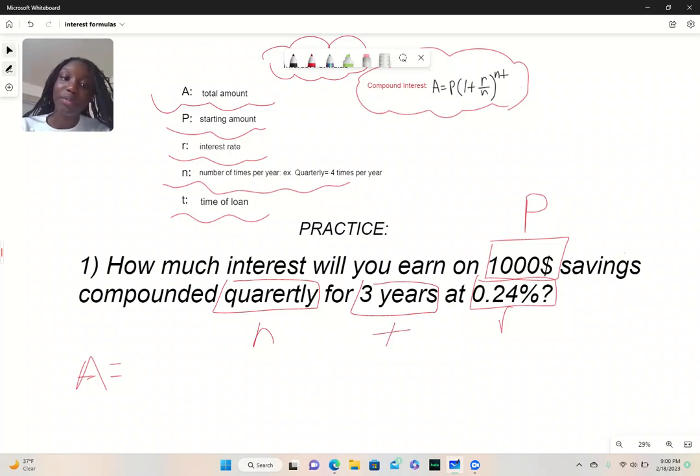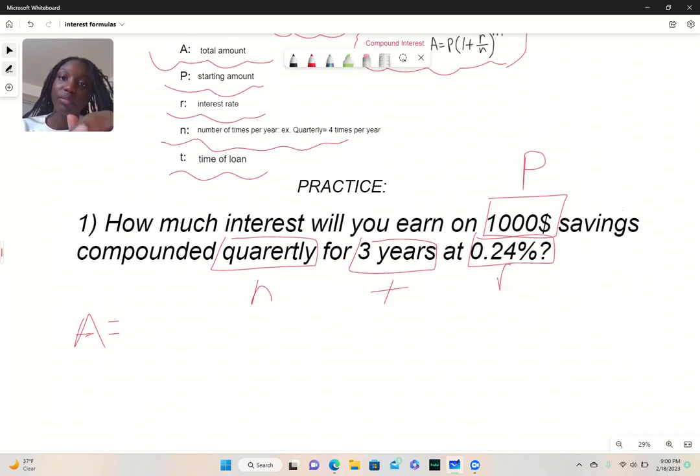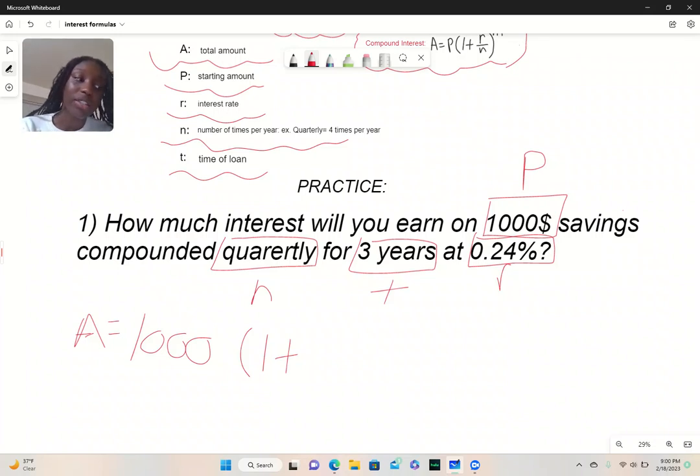Now let's write this out. A equals 1,000 times (1 plus R, which is 0.24%. But remember, we are going to convert that into a decimal, and you always convert into decimals.